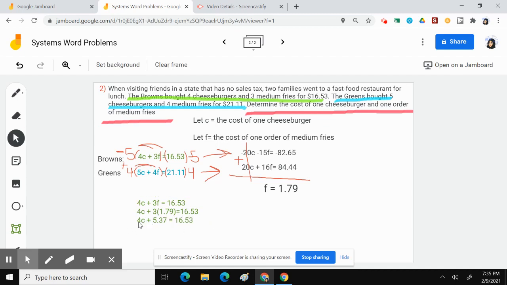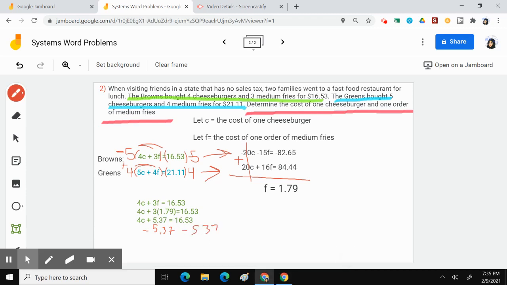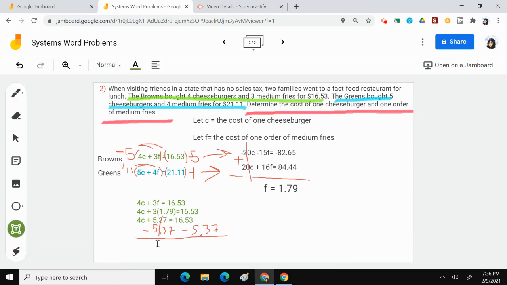I'm solving this equation for C. So I'm going to go ahead and subtract 5.37 from this side and subtract 5.37 from this side. So this will go ahead and cancel. I'm left with 4C. And I'm going to do 16.53 minus 5.37, which is going to leave me with $11.16.